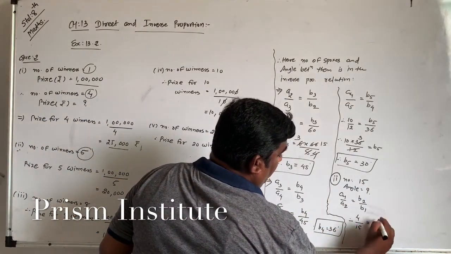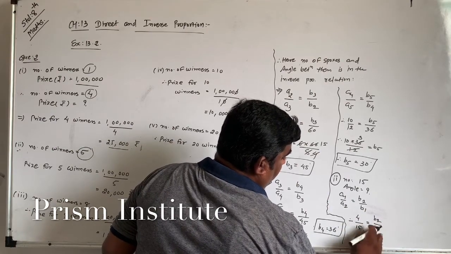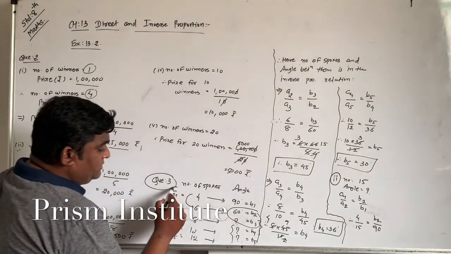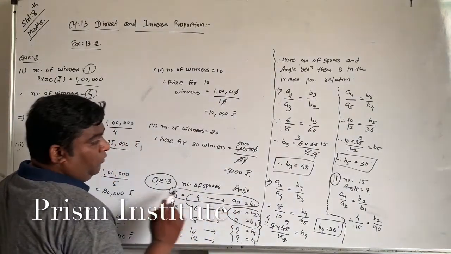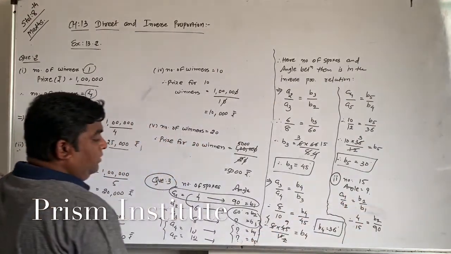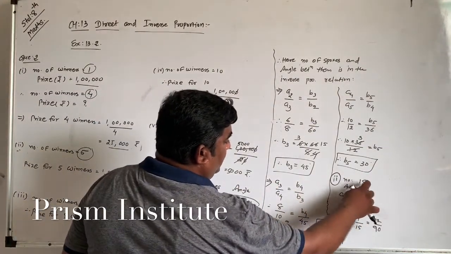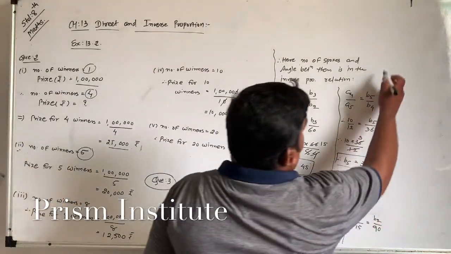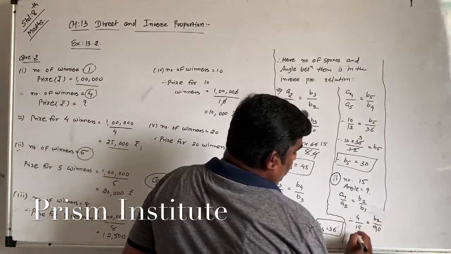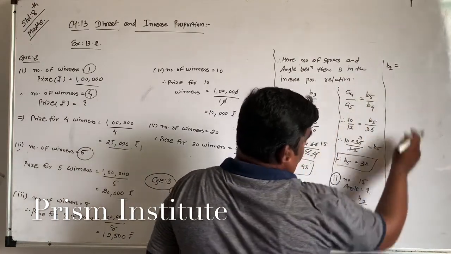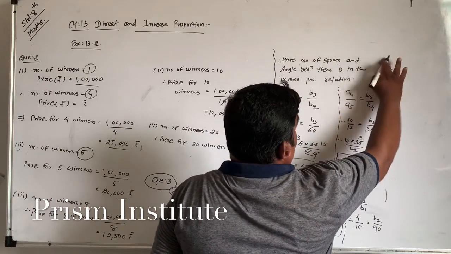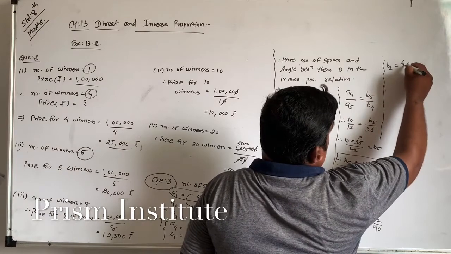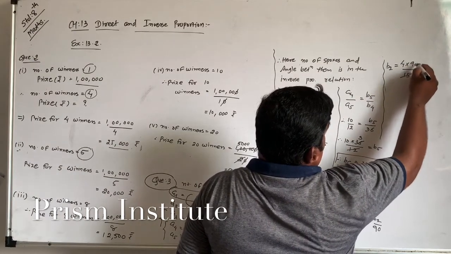We want to find B2, and B1 is 90. So B2 equals 4 into 90 divided by 15, that is 6 into 4.